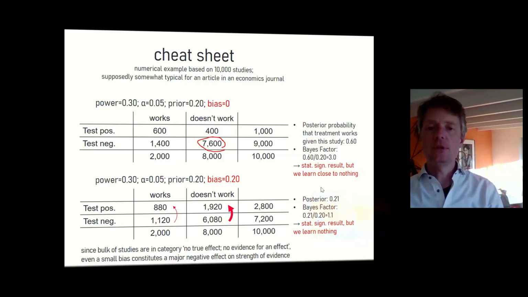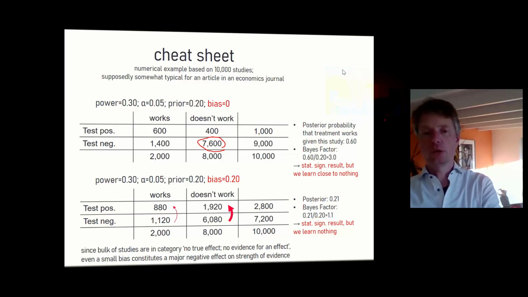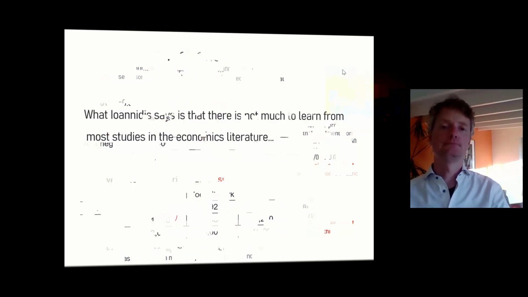Now, if we then compute the posterior, and you can do this at home, then you'll find that the posterior is pretty much the same as the prior, i.e. we didn't learn anything. And so we might as well not conduct a study because we don't learn much, because our prior remains almost the same.